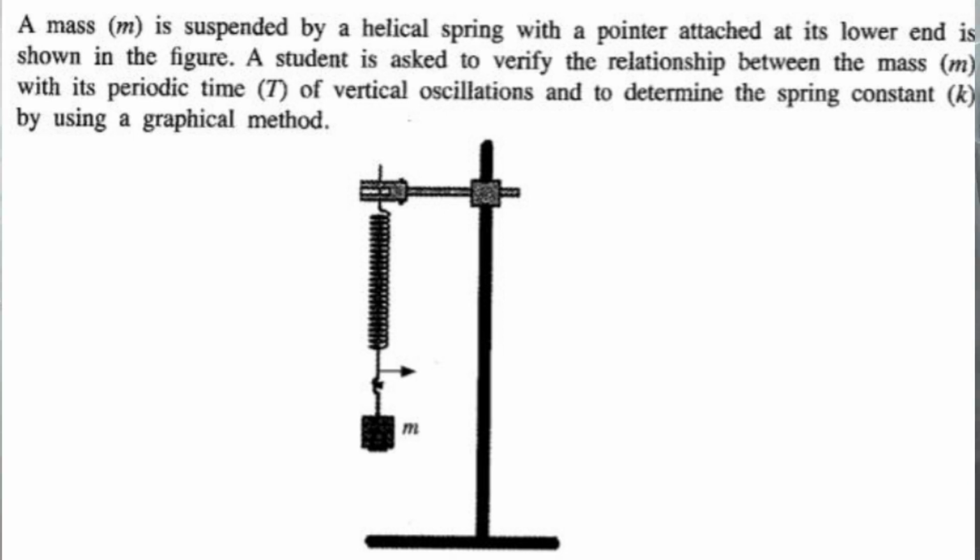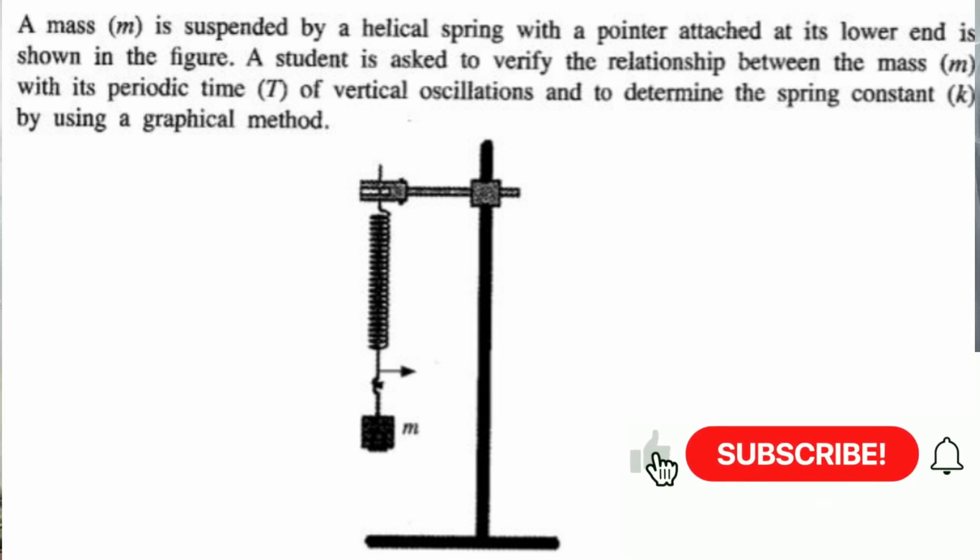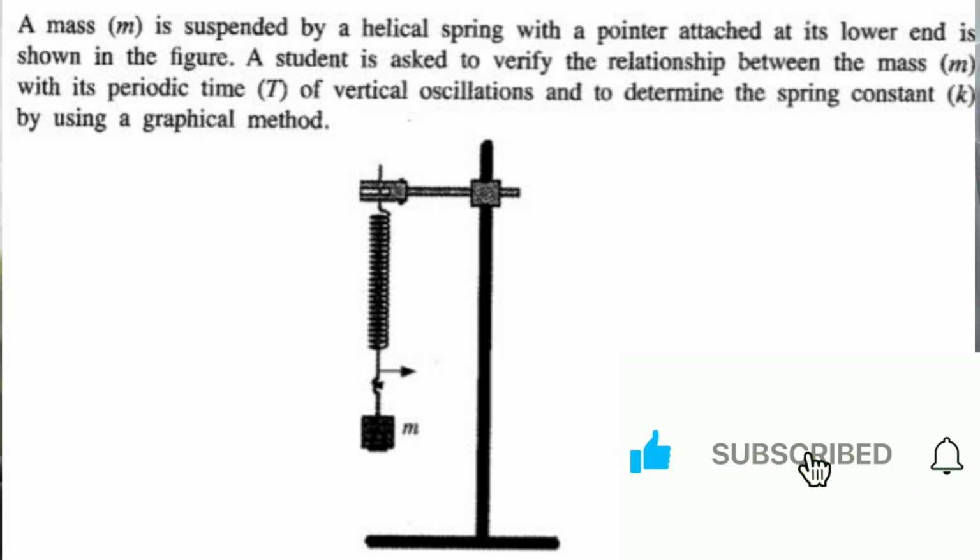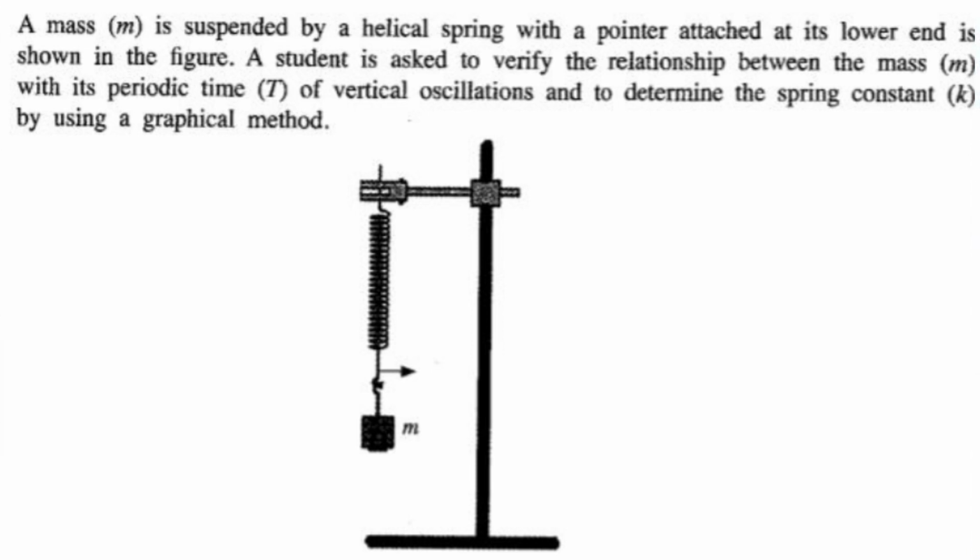The mass is suspended by a helical spring with a pointer attached at its lower end, as shown in the figure. A student is asked to verify the relationship between the mass m and its periodic time T of vertical oscillations and determine the spring constant k by using the graphical method.